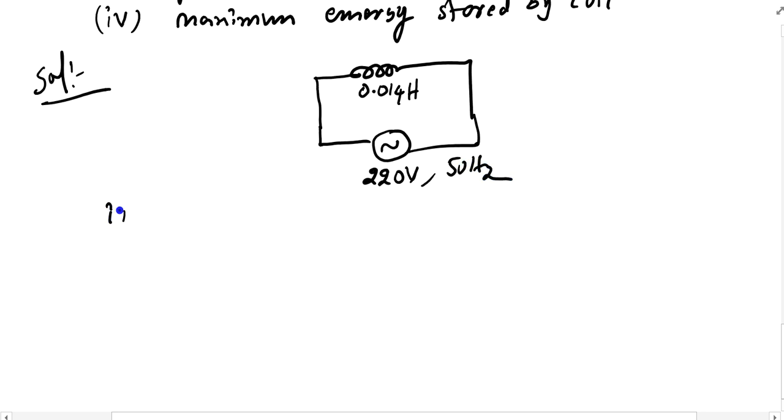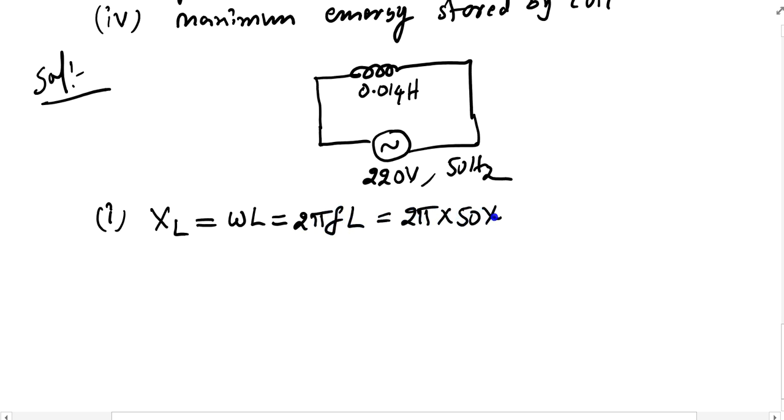The first thing they are asking is to find the inductive reactance. What is this? Nothing but ωL, or you can say 2πfL. So 2π into the frequency 50 into the inductor 0.014. If you do this, you are going to get 4.4 ohms.